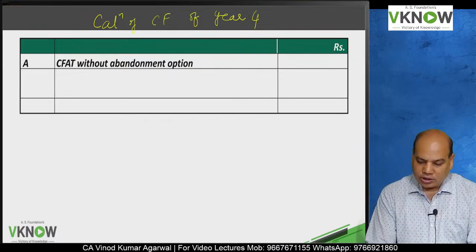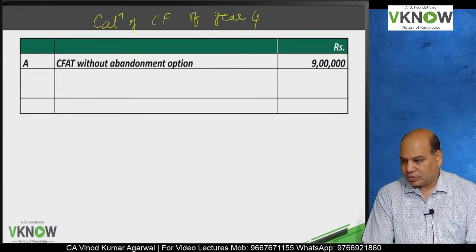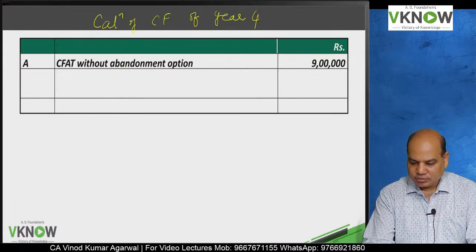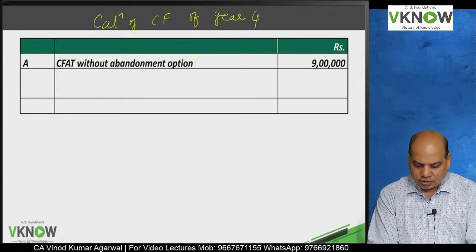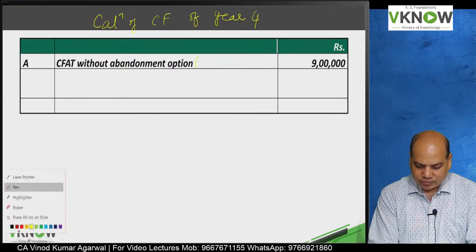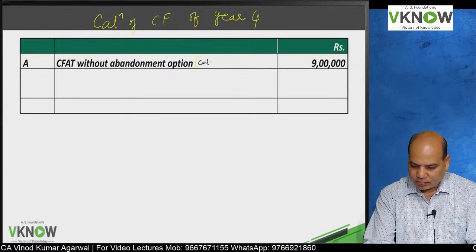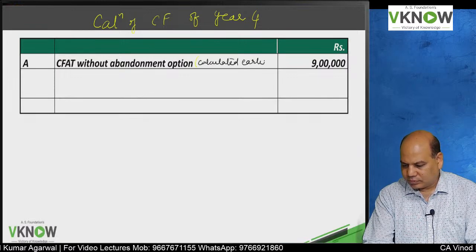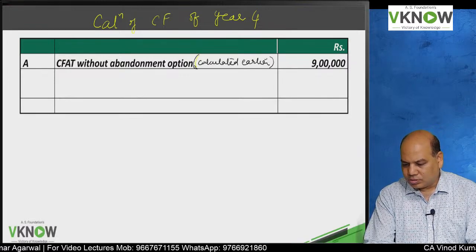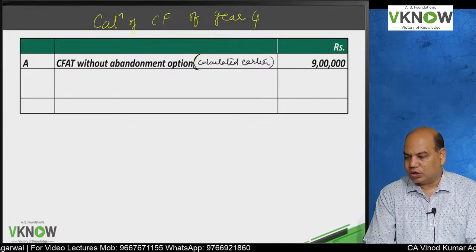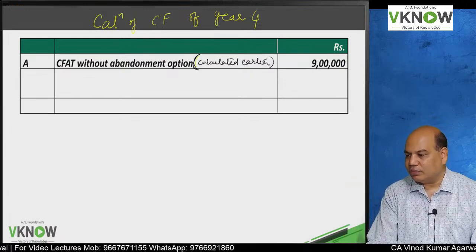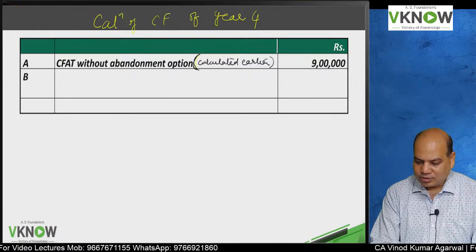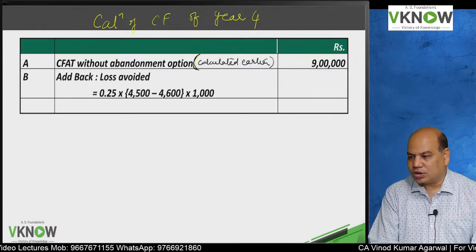CFAT without abandonment option is 9 lakh, calculated earlier. If you go to your situation 2 without abandonment, you will find 9 lakh rupees there. Then write down add back loss avoided.